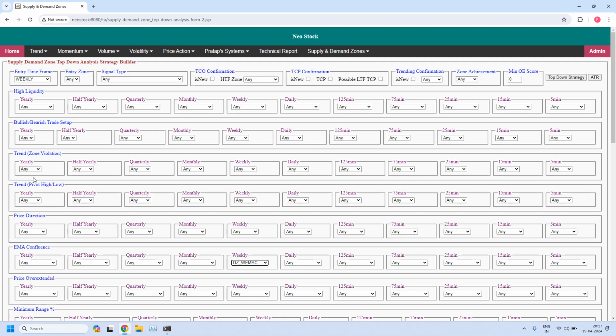So we have two trends. First we will select the trend based on zone violation. If the list is very big, further we will filter, with both the trends having uptrend. So anyway, I'm selecting zone violation trend as uptrend. Let us check how many stocks are getting filtered.